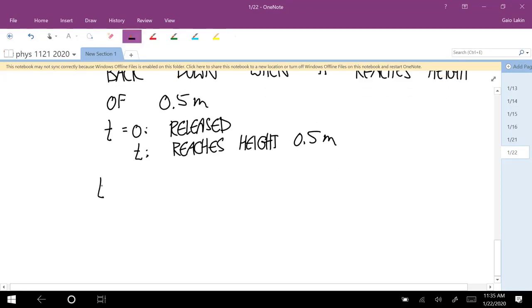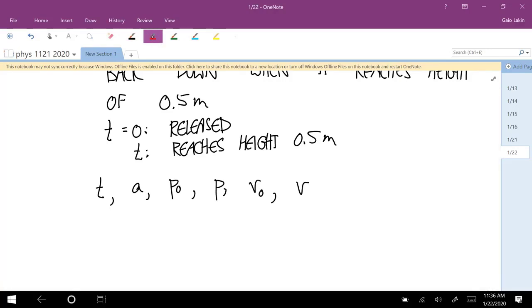And so our variables t, a, p0, p, v0, and v. The acceleration is negative 9.81. The initial position is 0.5. The position at time t is 0.5. The initial velocity is what we calculated before, 9.39. And then we're looking for this v.